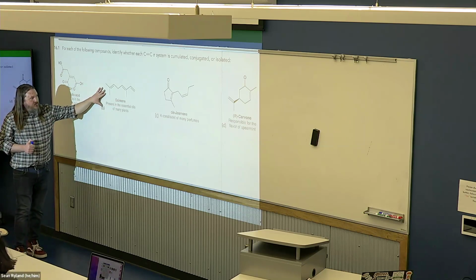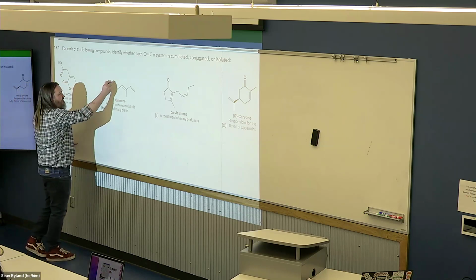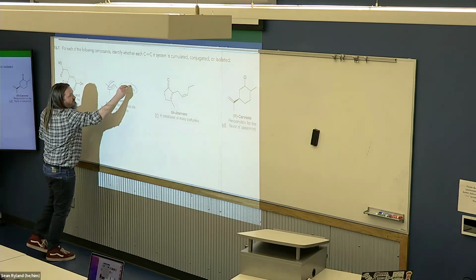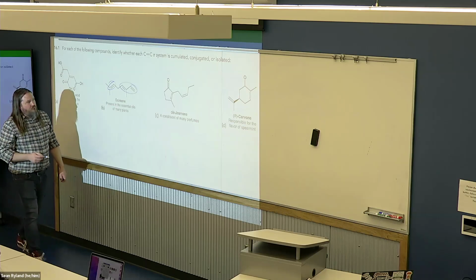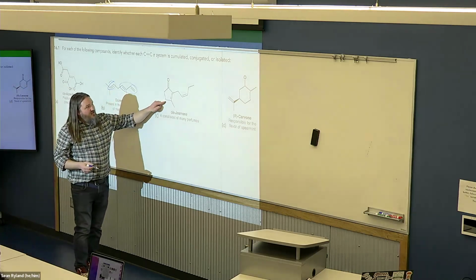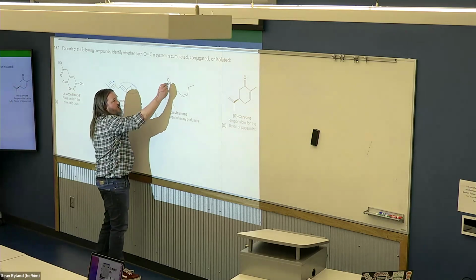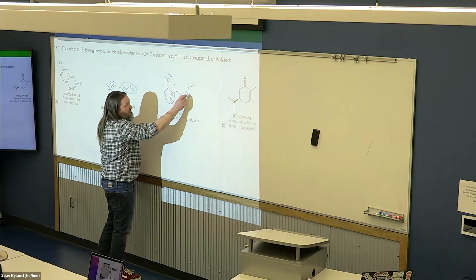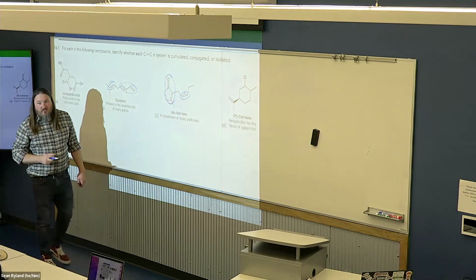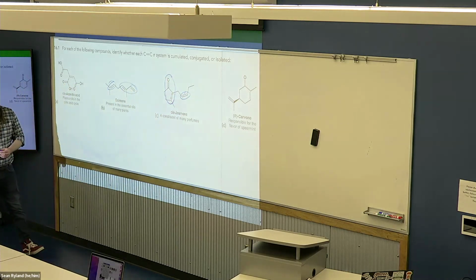How about this? You got one that's isolated, but those two are conjugated. Same here. Those two pi bonds are conjugated with each other. That one's isolated. Really, the way to separate it out is, is there an sp3 carbon in between them?